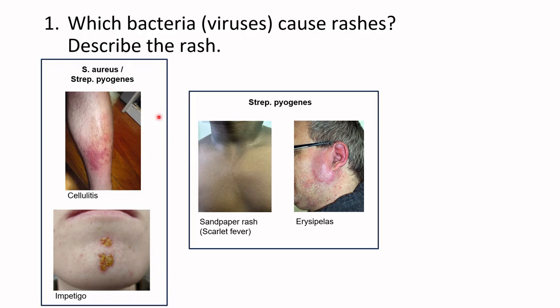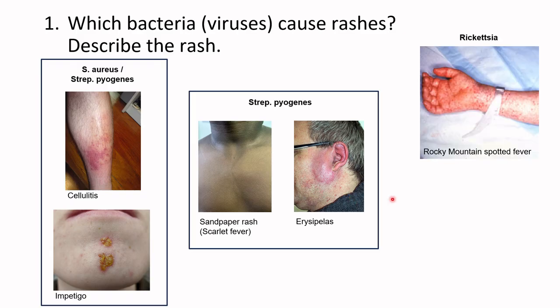In addition to these ones, there's also the so-called sandpaper rash or sandpaper-like rash associated with scarlet fever, which is a bit hard to see, but essentially it has this sandpaper-like appearance. Then there is erysipelas. Erysipelas is typically differentiated from cellulitis by saying it is more well demarcated, so there's a clearer distinction between the rash itself and the healthy, unaffected skin.